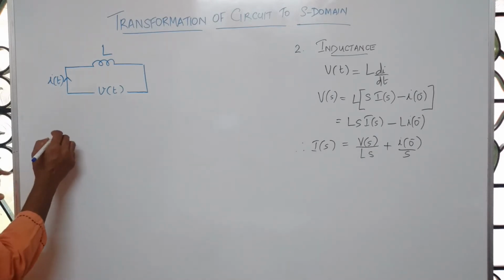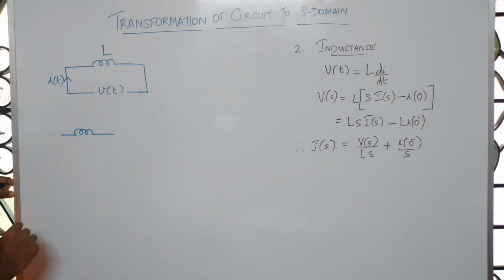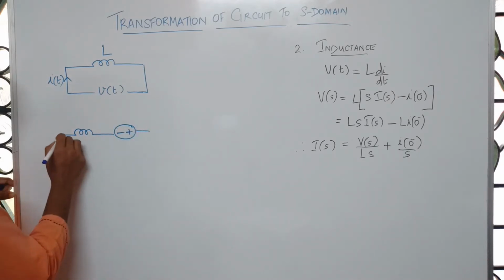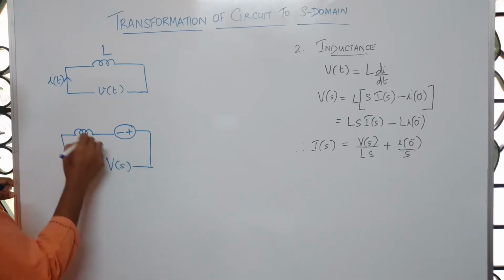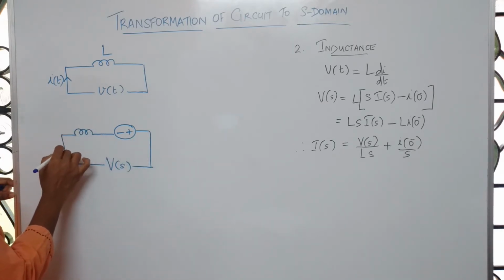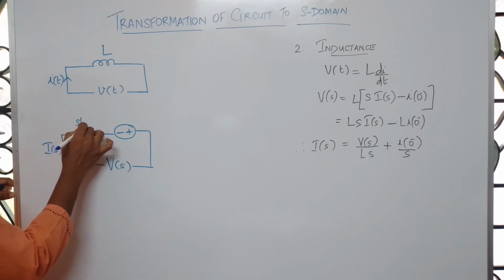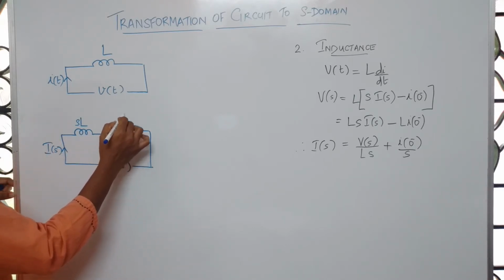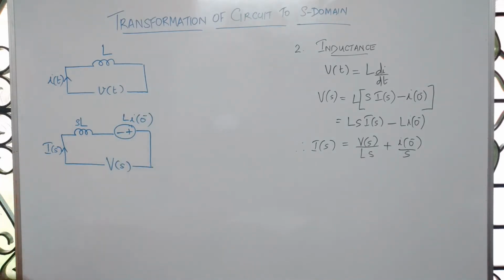So along with the inductor there will be a voltage source, minus plus, the current flowing through it will be I of s, this will be SL, and this will be L into I of 0 minus.